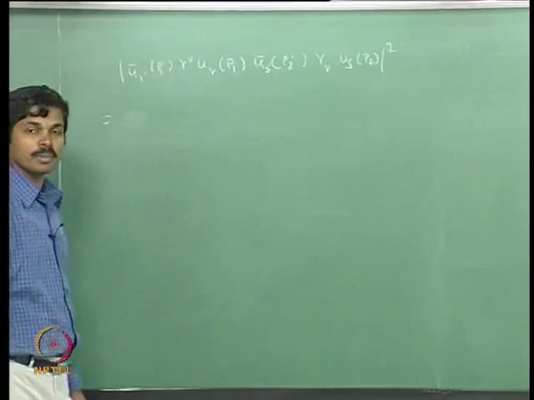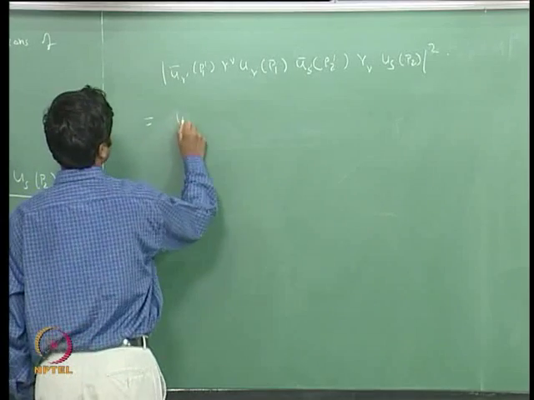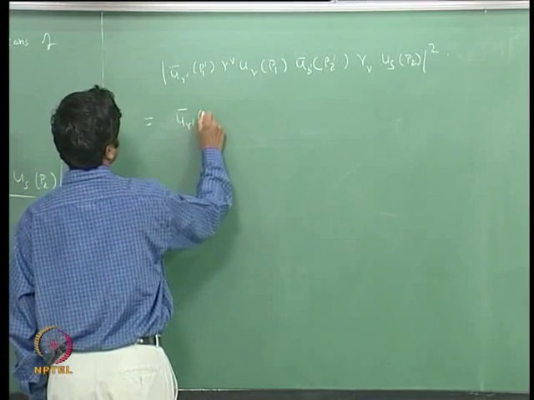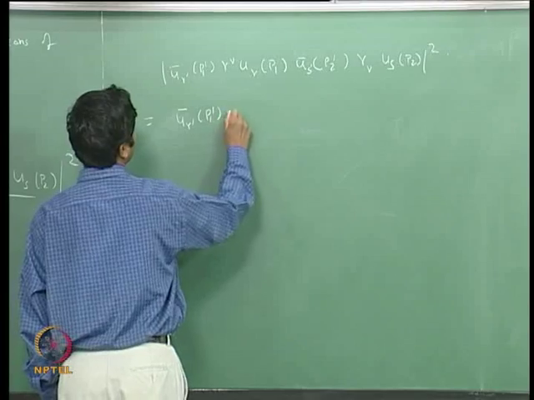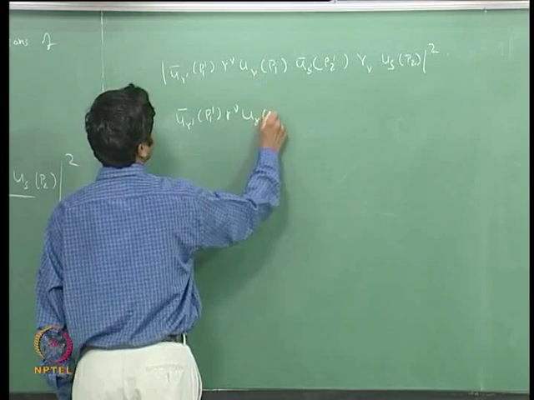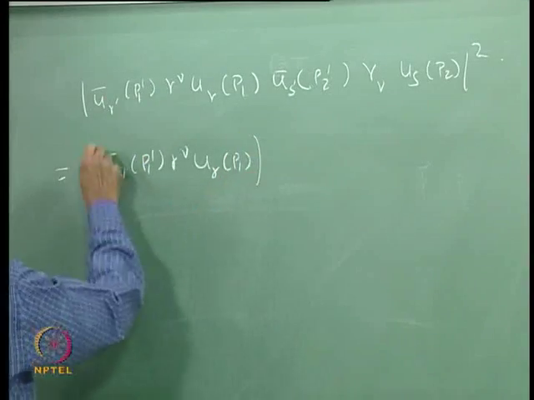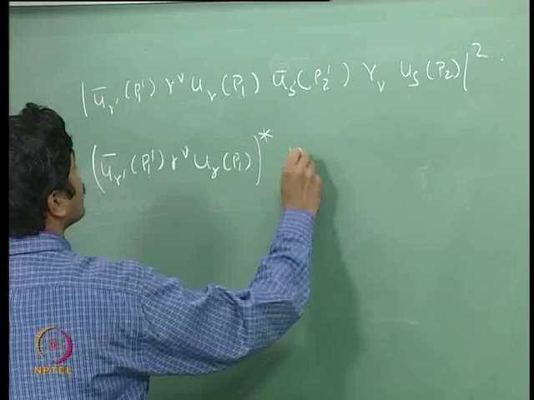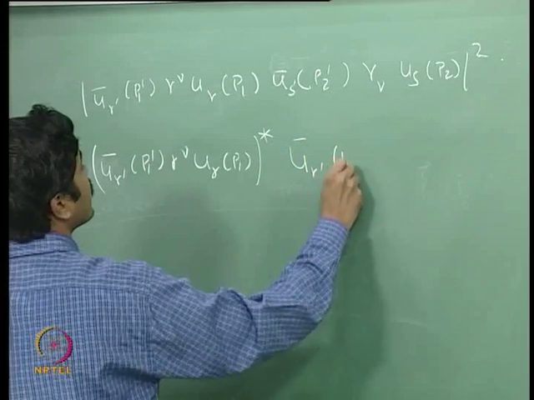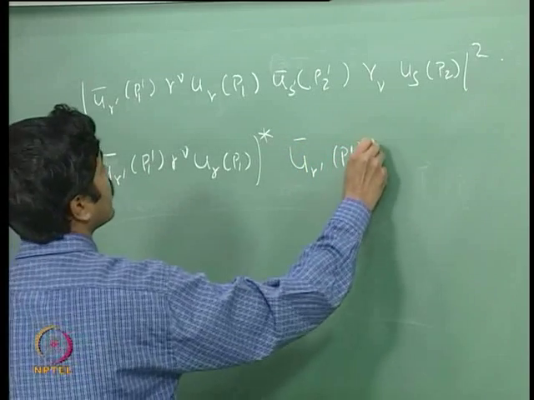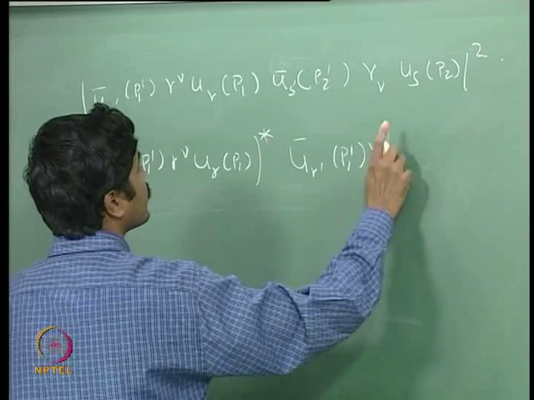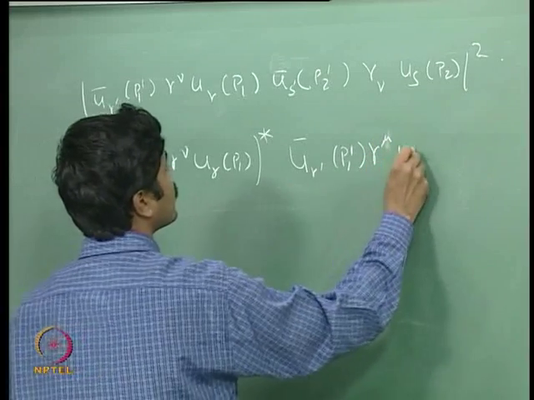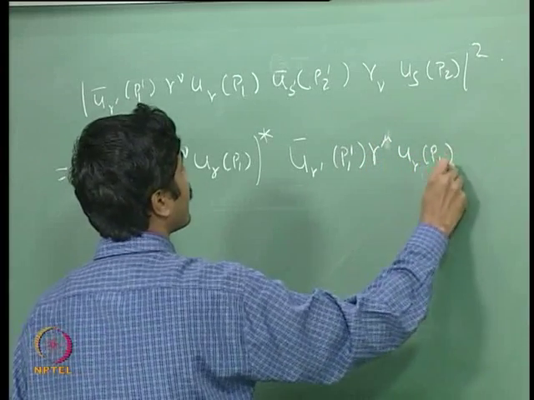By this what I mean is u bar r prime P1 prime gamma nu u r P1 conjugate, because this is a number, and then u bar r prime P1 prime gamma mu instead of gamma nu, u r P1.